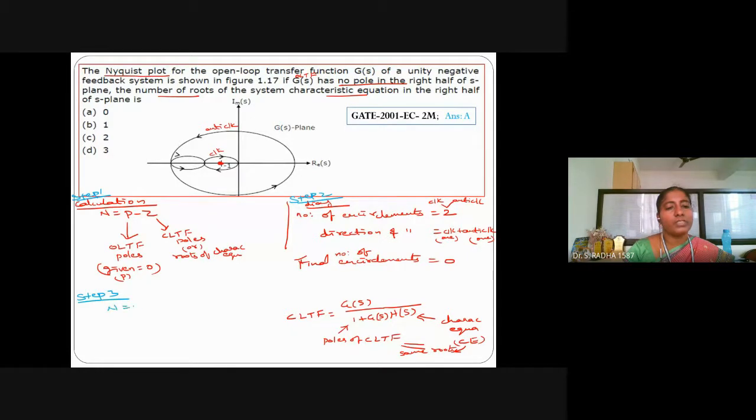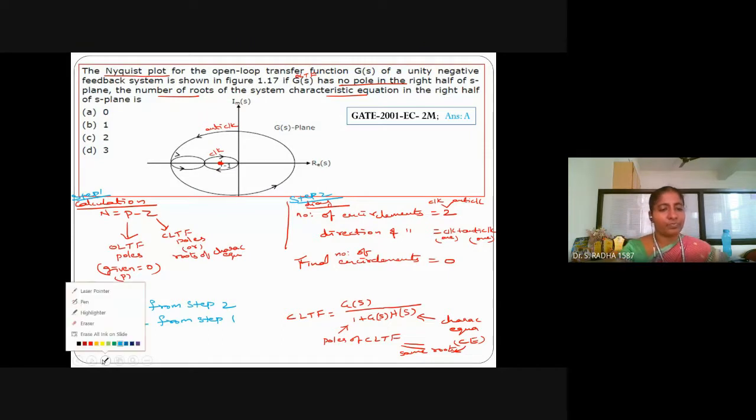N equal to 0 from step 2, and N equal to P minus Z from step 1. P value is already 0, and N value we also identified as 0.